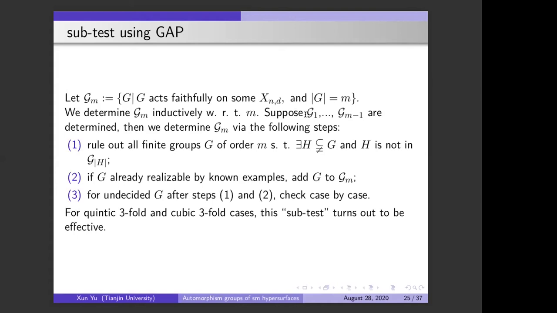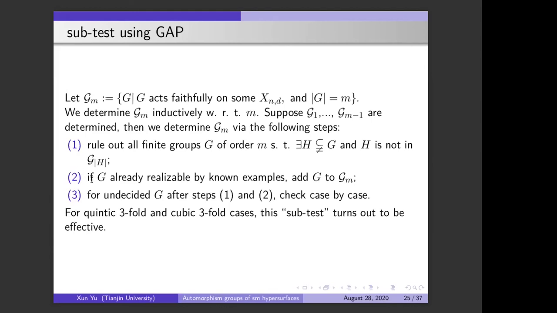Suppose the sets G_1 up to G_{m-1} are all determined. Then next we determine G_m by the following steps. First, we rule out all finite groups G of order m that contain some proper subgroup which cannot act on any smooth X.